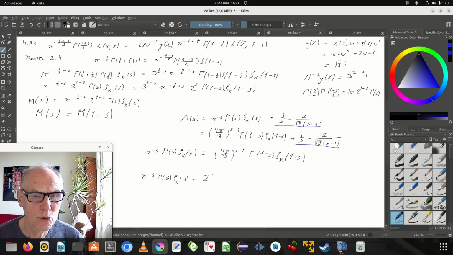So first 2 to s minus 1, then 3 to 1/2 minus s, then pi, we multiply by pi to 1/2.